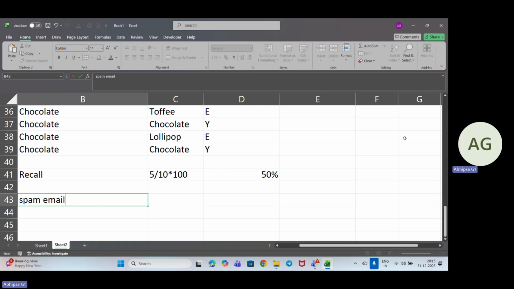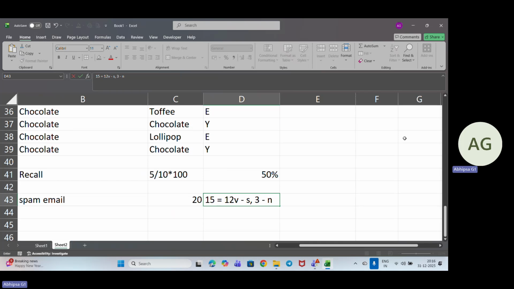The total spam emails inside your inbox is 20, and the model marks 15 of them as spam. Among those 15, 12 were actual spam and 3 were normal.